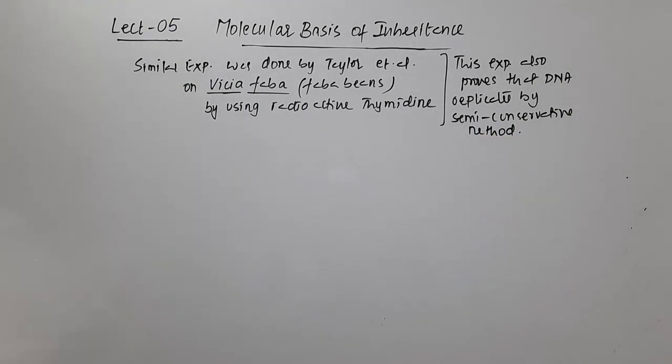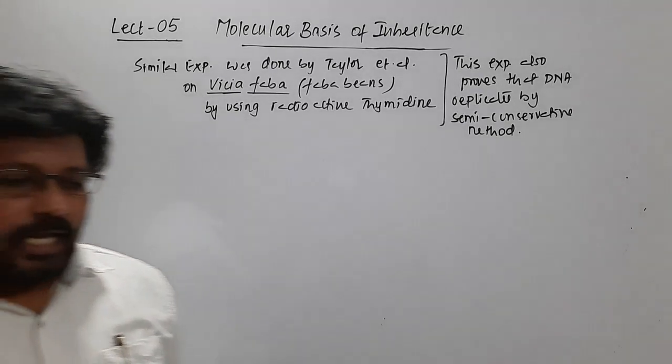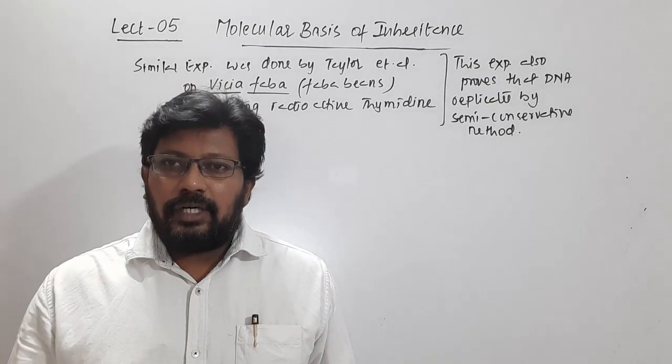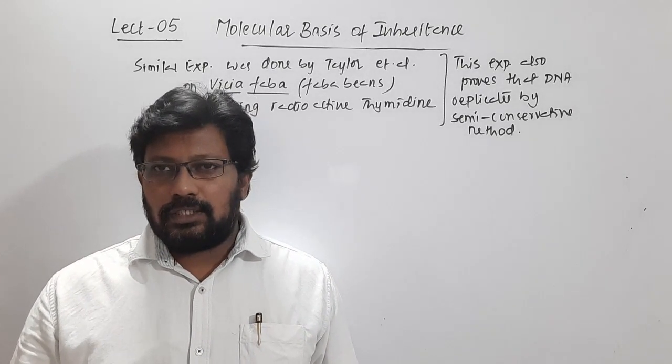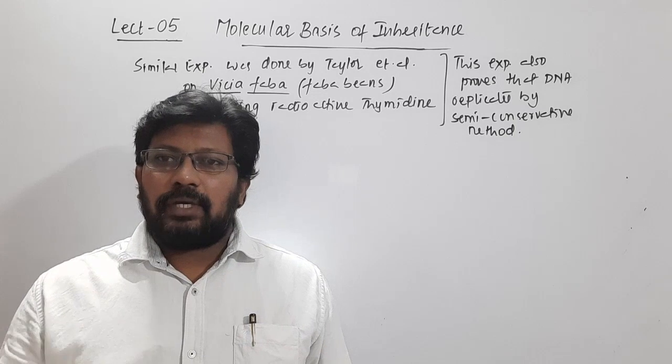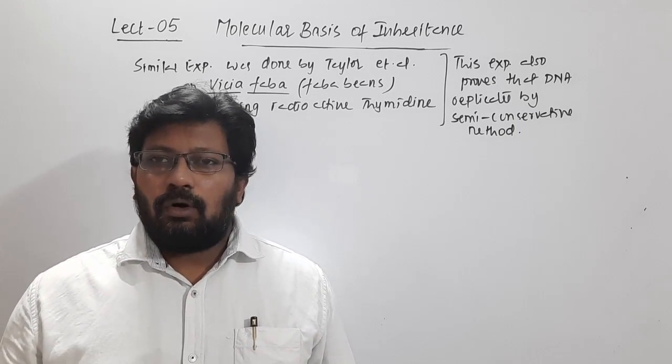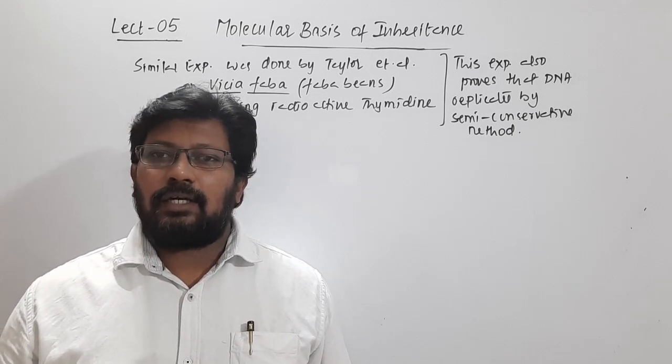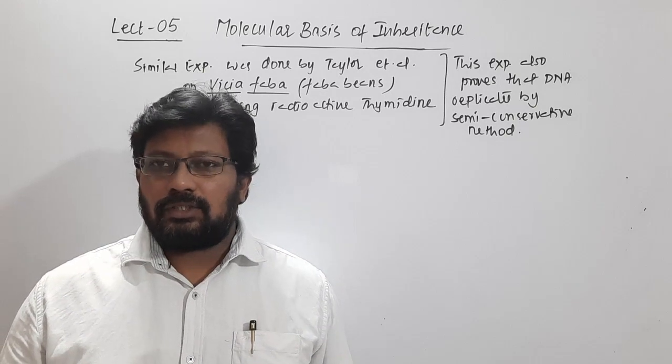Okay, so that's all, the proof that DNA replicates by the semi-conservative method, and we know that whenever a DNA molecule is formed, it will have one old parental strand and one newly synthesized strand.